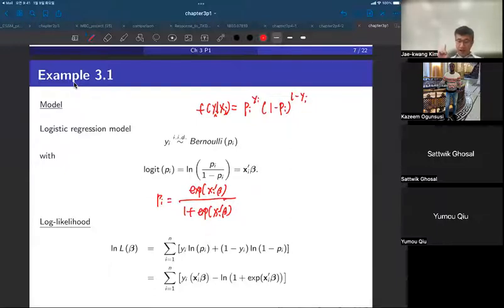If y equals 1, you have pi_i. If y equals 0, you have 1 minus pi_i, right? So that's this one.